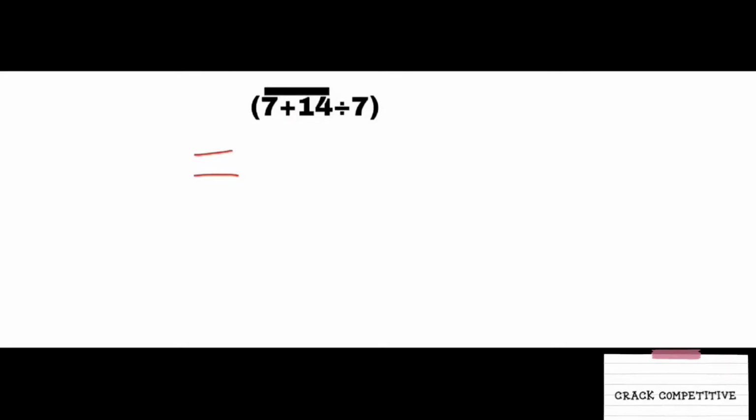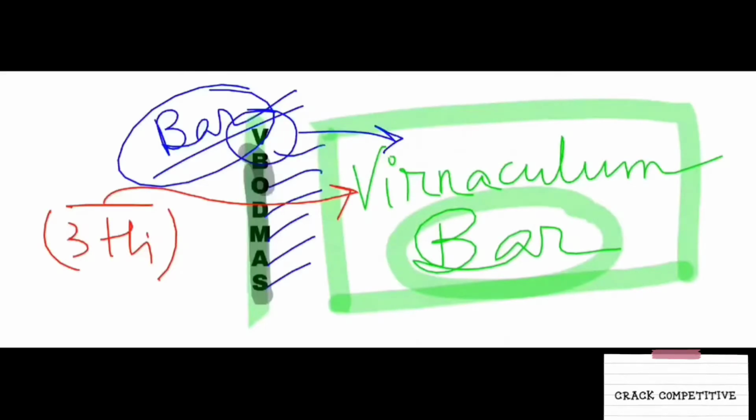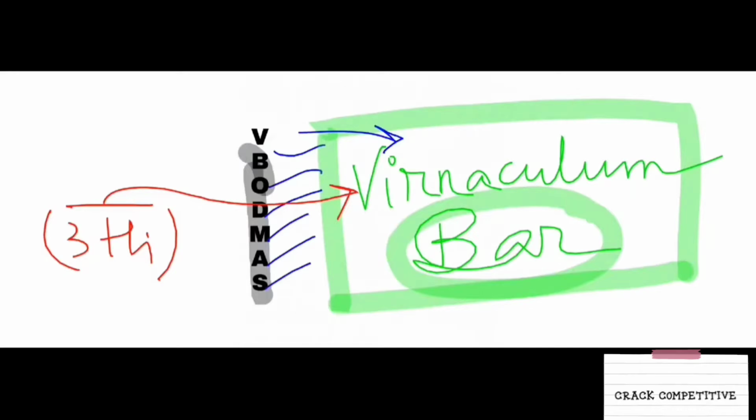What is that? You have to solve this part first. You have to solve this part first. 7 plus 14 will be solved before the division. We have seen that BODMAS comes first, with the bracket, then all the signs like division, multiplication, addition, and subtraction.